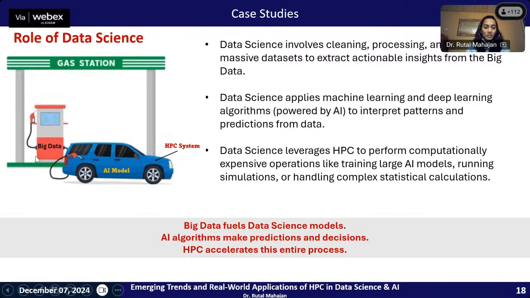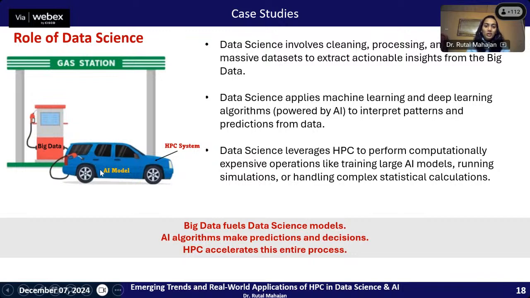So what is the task of data science over here? Big data fuels these data science models. Data science models use AI and machine learning techniques for exploratory data analysis, visualization, and insights from that data. So the data science lies over here in my car.